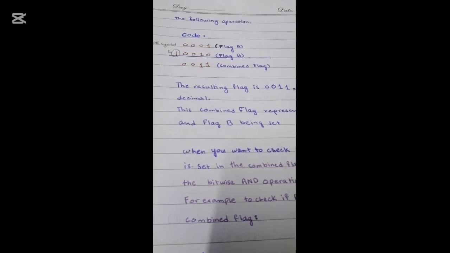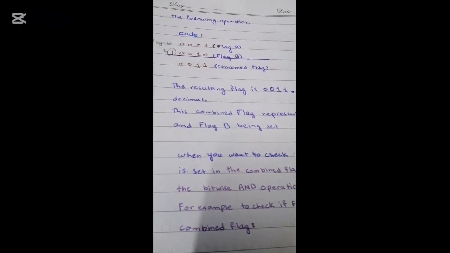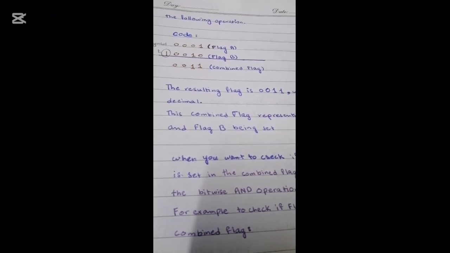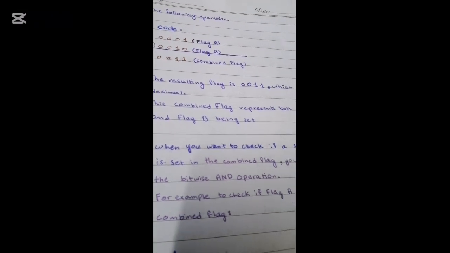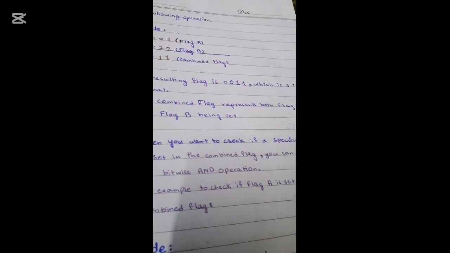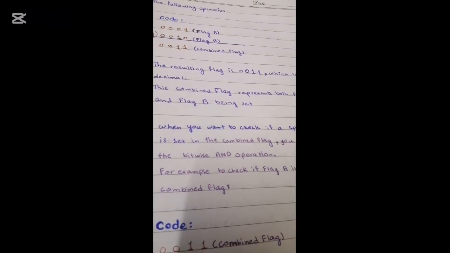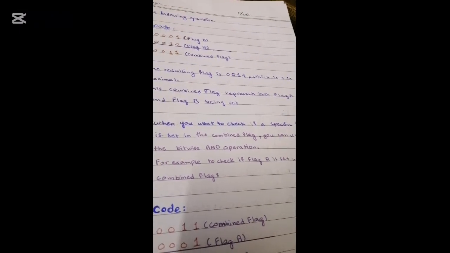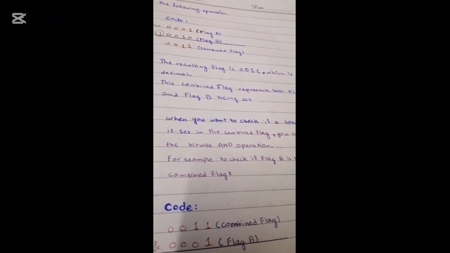I am sure you have now understood how to apply OR operation on bits. The resulting flag is 0011, which is 3 in decimal. The combined flag represents both flag A and flag B being set.